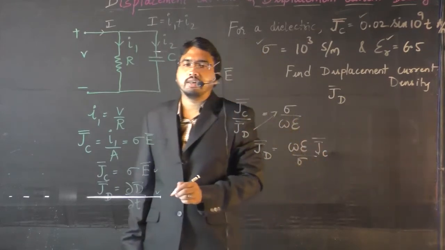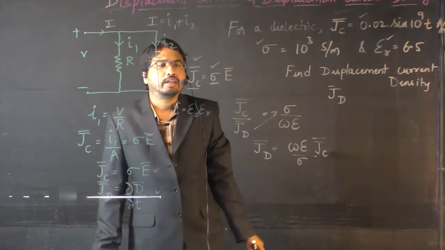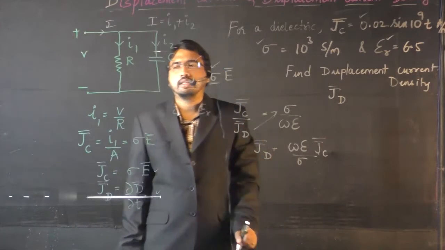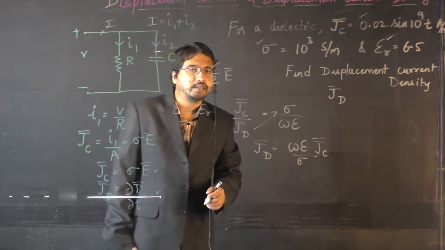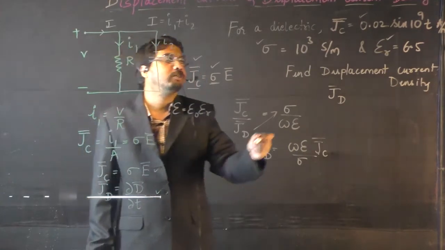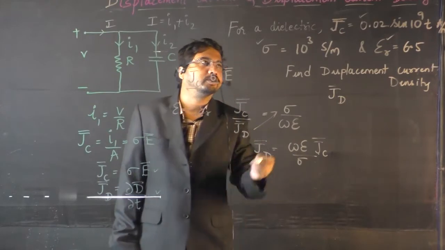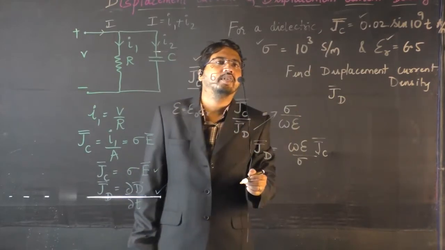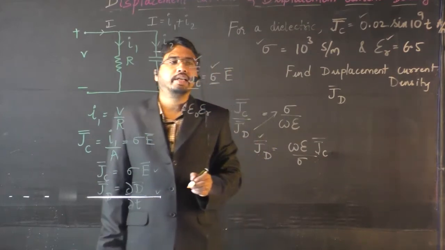We know that epsilon is equal to epsilon naught into epsilon r. What is the value of epsilon naught? That is 8.85 into 10 power minus 12 farads per meter, and epsilon r they have given as 6.5, and Jc and sigma values they have also given. From that you can find the value of displacement current density JD bar.